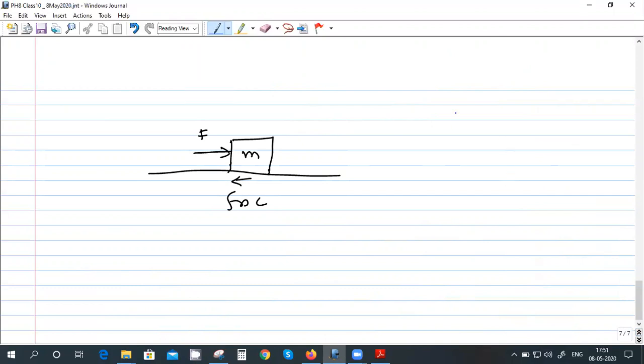Let's plot this one. The applied force F here, and then the friction force. When F is 0, what is the value of friction force? So the applied force is 0.